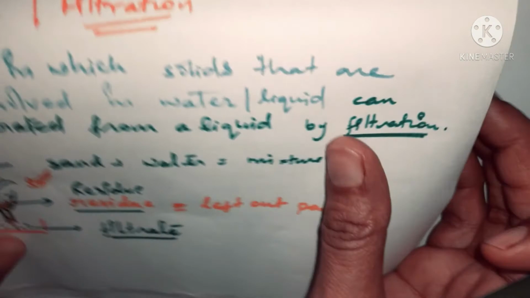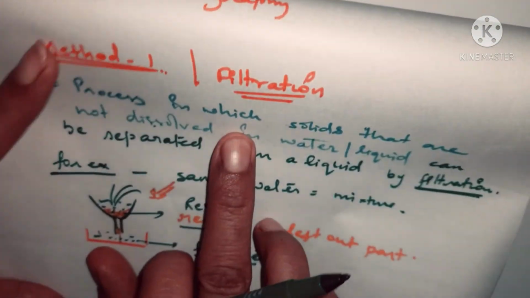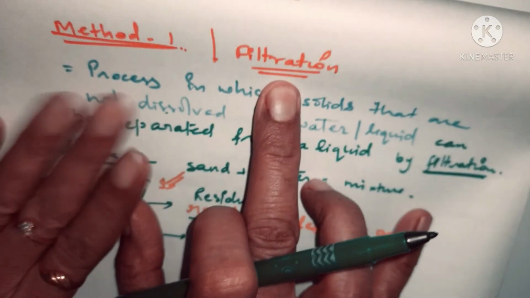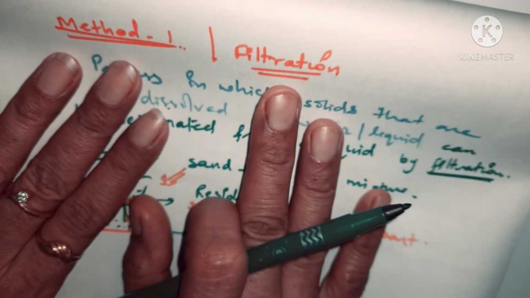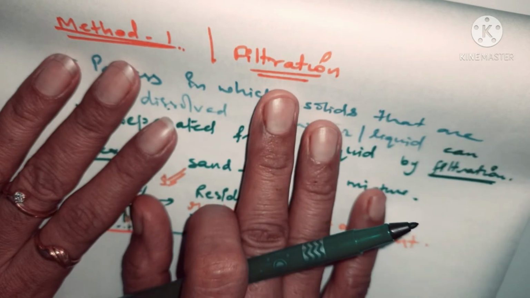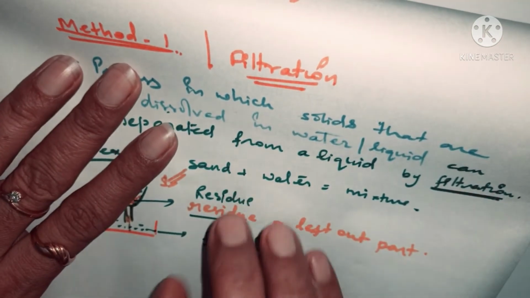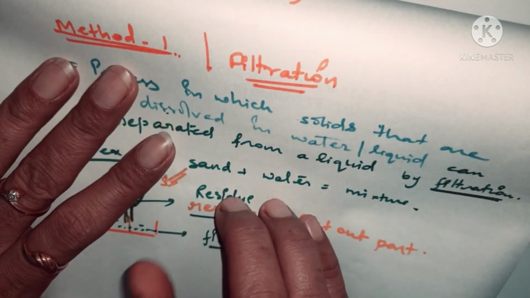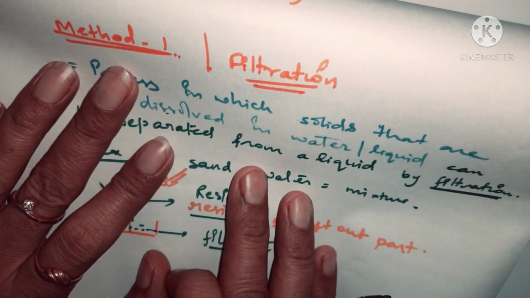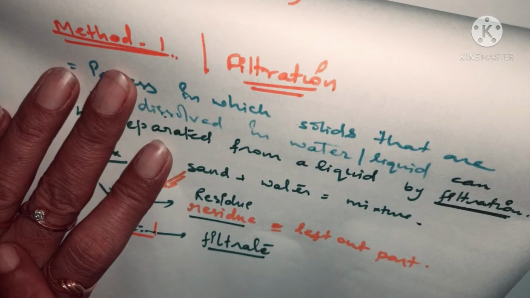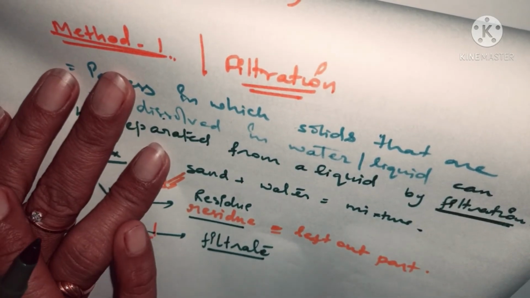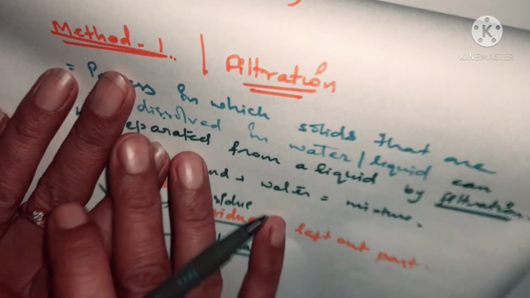Okay, understood everyone? So we can move ahead with another method. But before that, we are going to understand where filtration is used on a large scale. In big cities, river water is generally supplied to the houses.